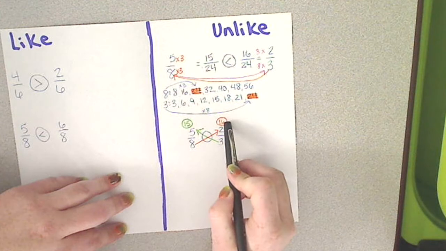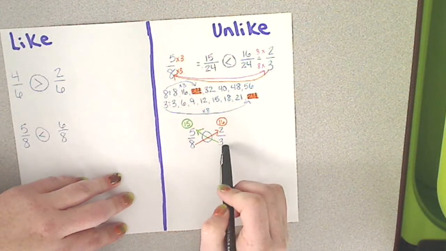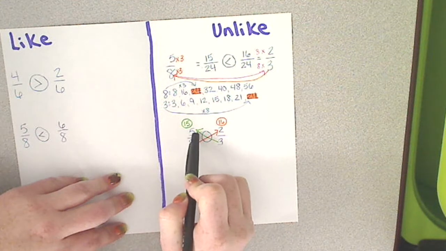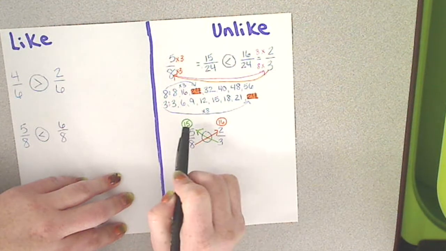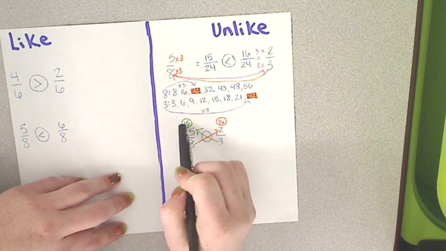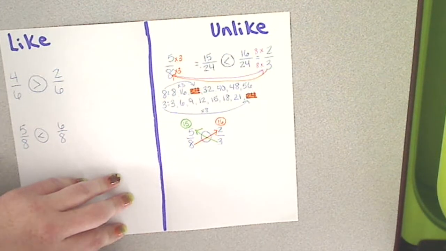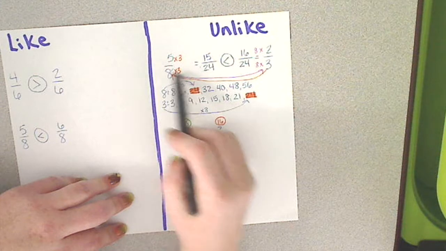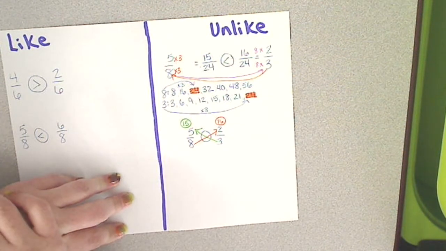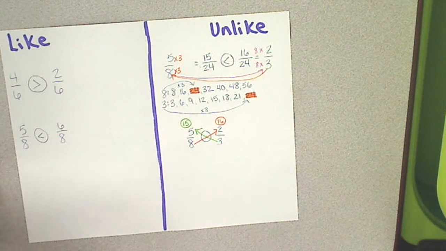So the new numerator would be 16, and I would be multiplying the denominator of my second fraction by the numerator of my first fraction, which would end up with 15, which is exactly what we ended up with when we created the equivalent fractions by multiplying the denominators by each other. So that's why it works. Okay. All right.